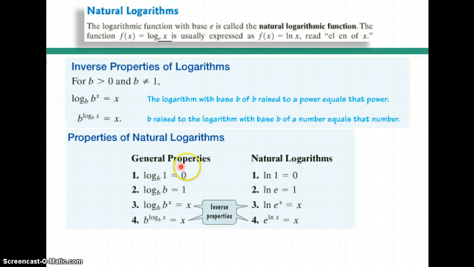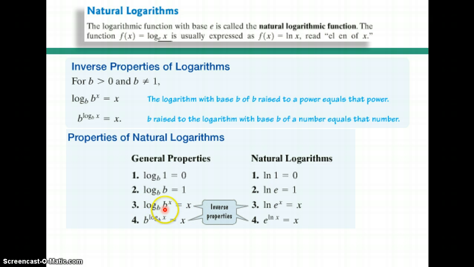The common logarithm properties and natural logarithmic properties. Log base b of 1 equal to 0, ln of 1 equal to 0. Log base b of b equal to 1, ln of e equal to 1.